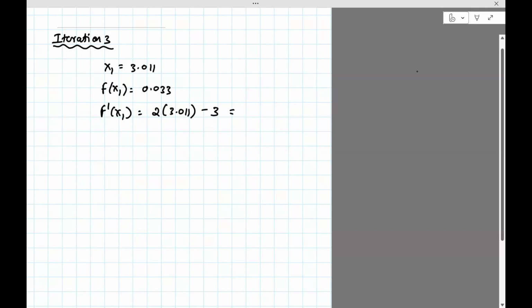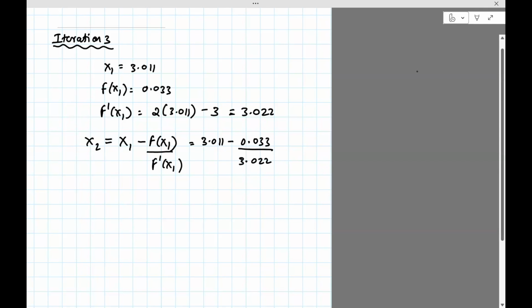So this is 3.022. Okay, so we are all set to compute x2, which is going to be x1 minus f of x1 divided by f dash x1. 3.011 minus 0.033 divided by 3.022.